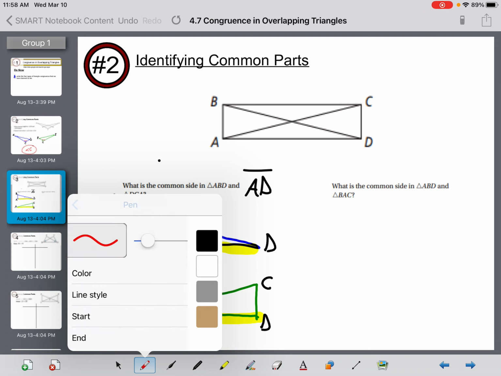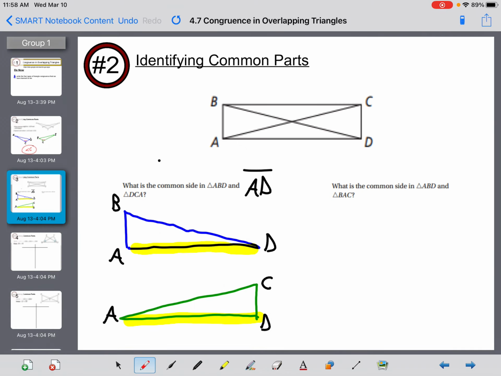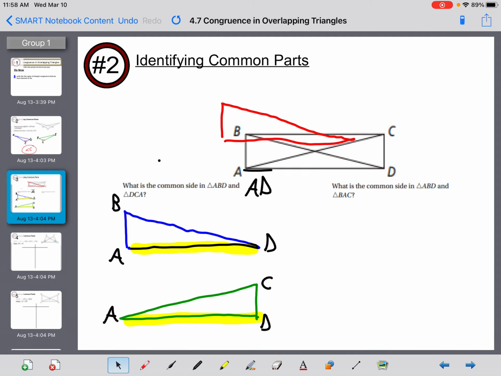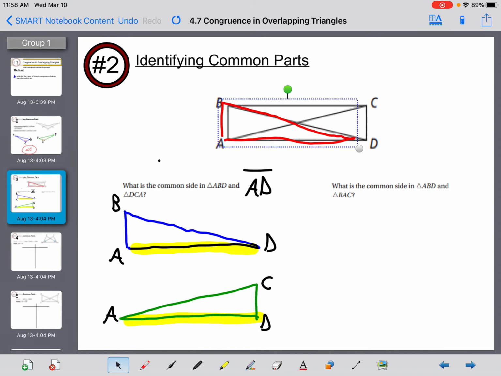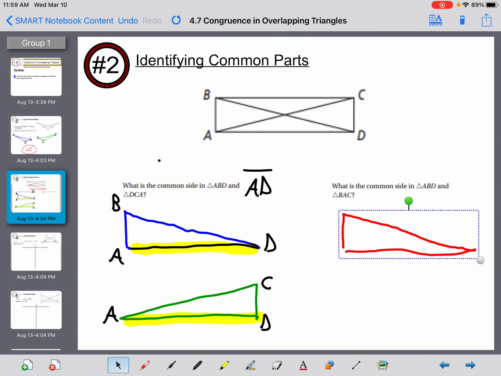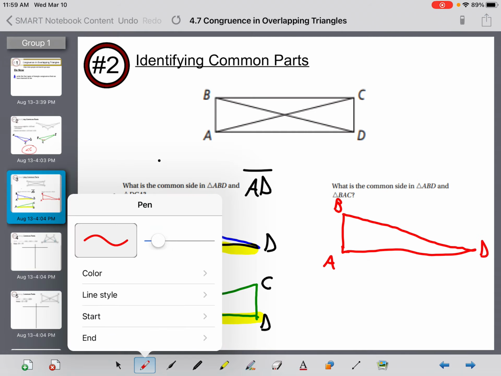Then it says, what is the common side in ABD and BAC? So here's ABD again. A, B, D. And with triangle BAC.